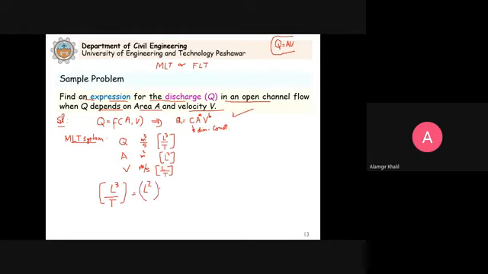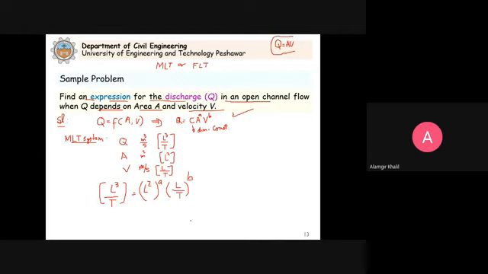Let us use brackets here. This is power A, so this is power A here. The square brackets we will use for these dimensions. Now velocity we will write in parentheses, L by T, and this is power B.